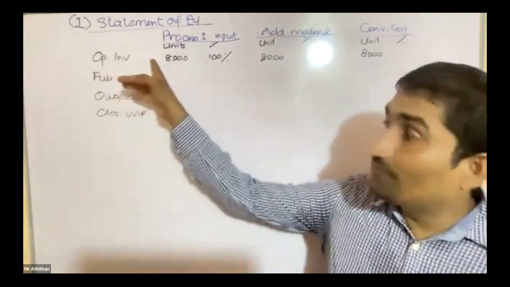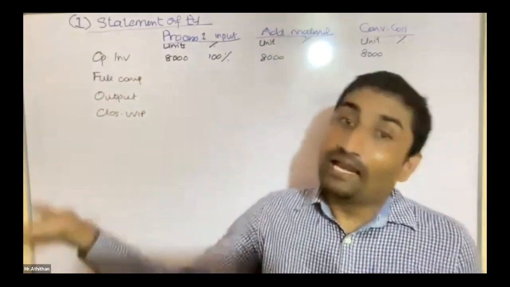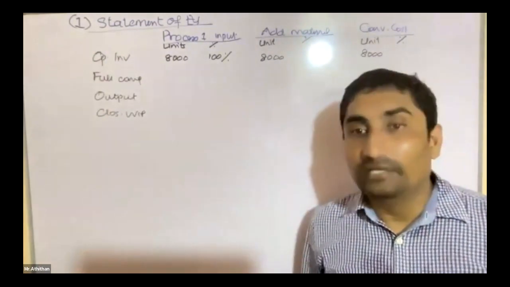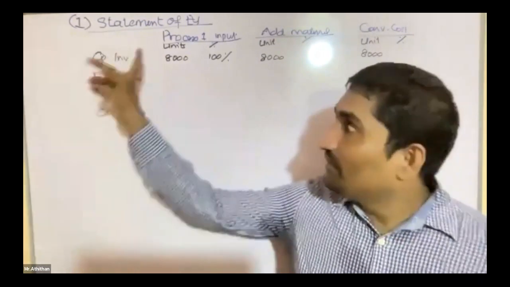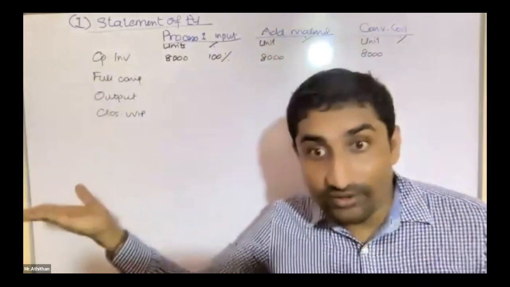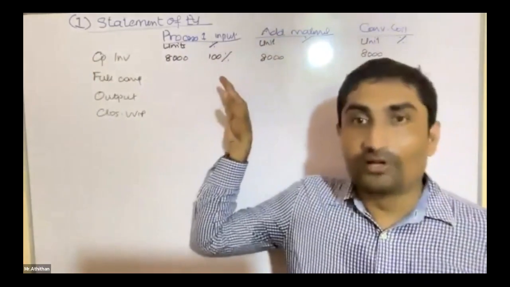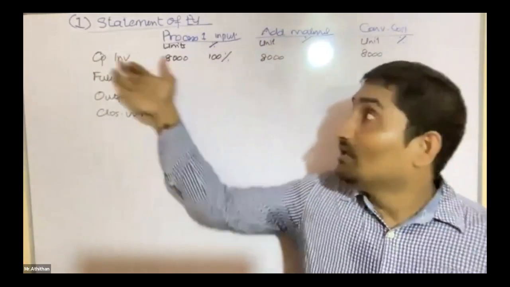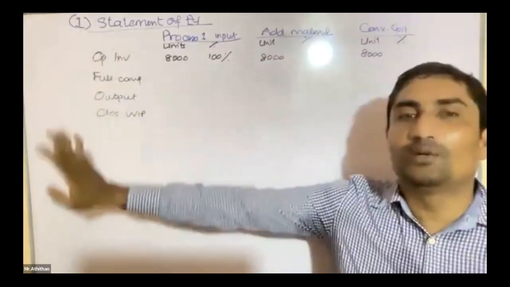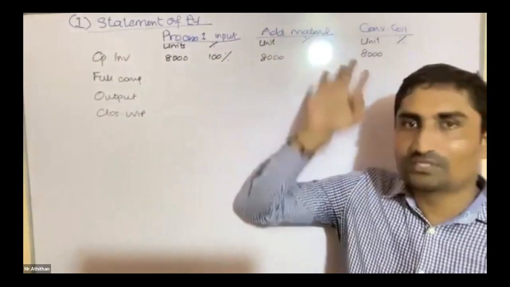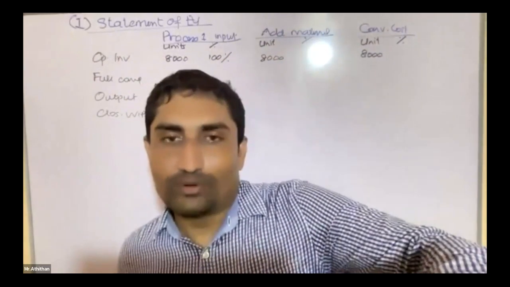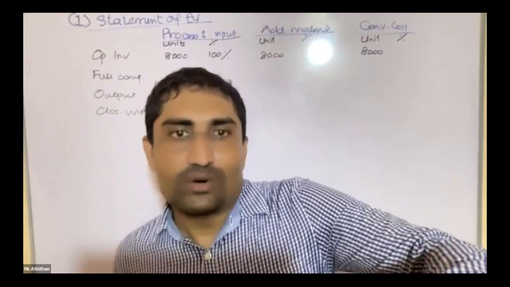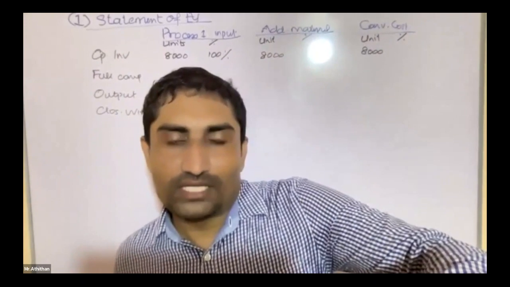We are not going to first attend the opening inventory and later attend the new stock. No, we are going to attend everything simultaneously. So we cannot separately measure opening inventory and fully complete units, right? So everything is equivalent. So 8,000, 8,000, 8,000. We ignore the percentage of completion, right? That is important. Already I have explained. So if that is okay, next.